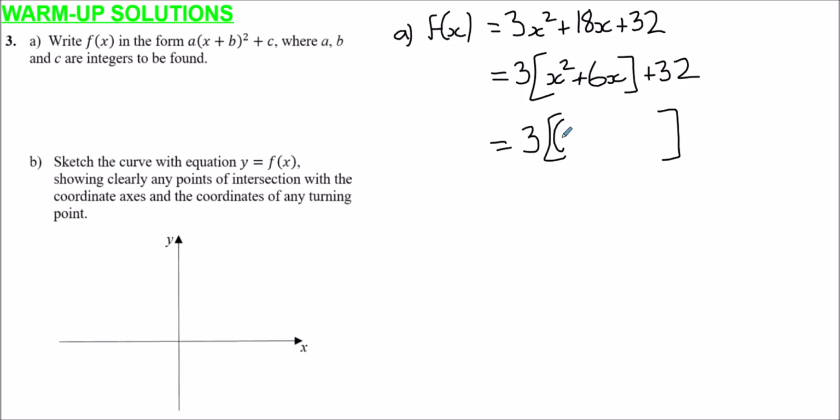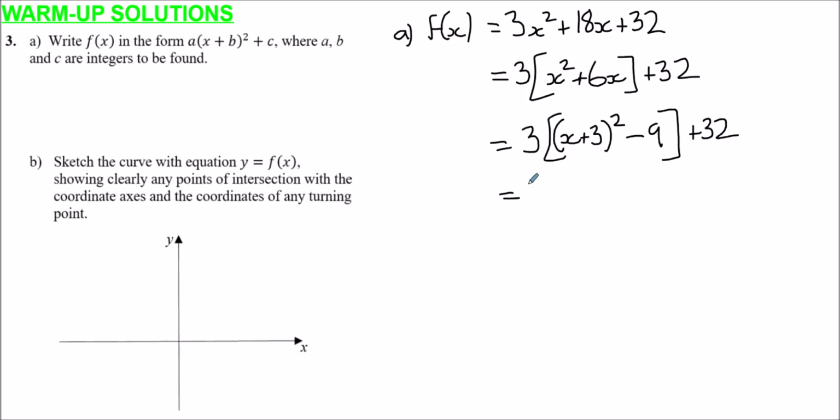So instead of x squared we put the x in, we halve the coefficient of the x term, so half of positive 6 is positive 3. We square all of that and then subtract away what this term is squared. So plus 3 multiplied by plus 3 is 9. So we subtract off 9. Finally, we need to remember to have that 32 on the end.